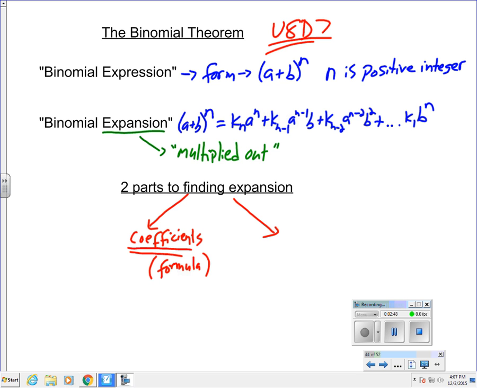And the other part is the powers for A and B. By powers, I mean the exponents. So we can use this theorem, this formula, as a shortcut for expanding a binomial expression without having to actually multiply it out however many times.